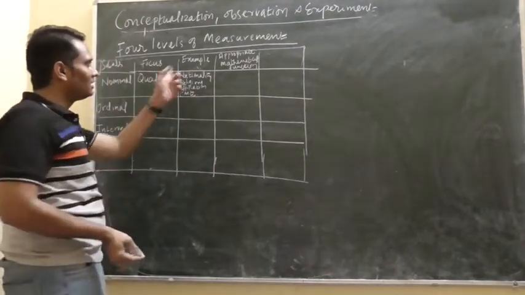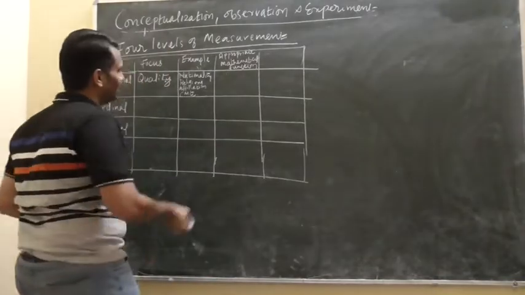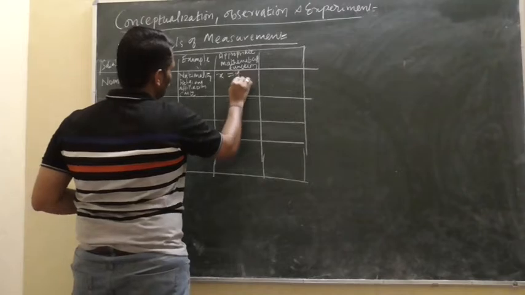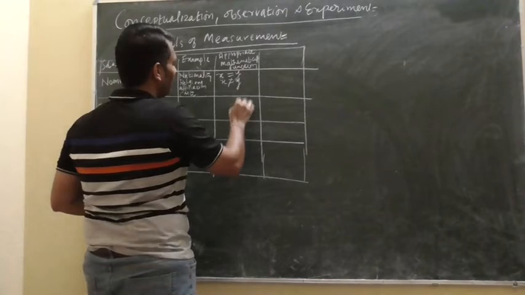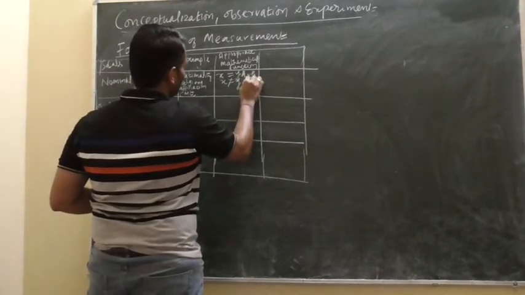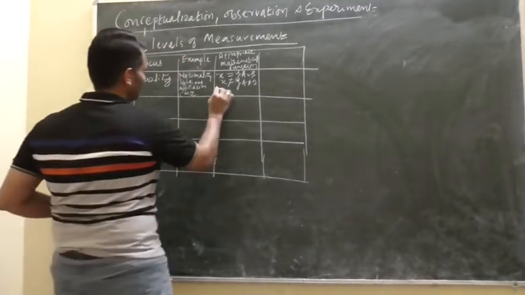The question is what the appropriate mathematical function is: x equal to y or x not equal to y, or a equal to b or a not equal to b. That means in which category it comes.